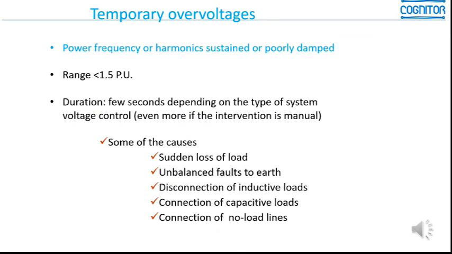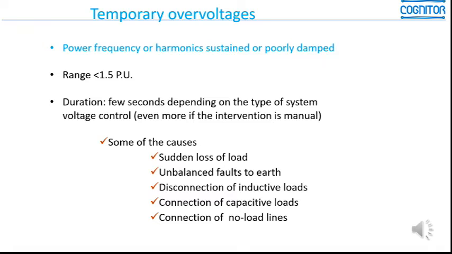The temporary voltages, as I mentioned, have a duration from a few seconds and can arrive even to some minutes, depending on the case, but they have a frequency very near to the power frequency or sustained harmonics, poorly damped.